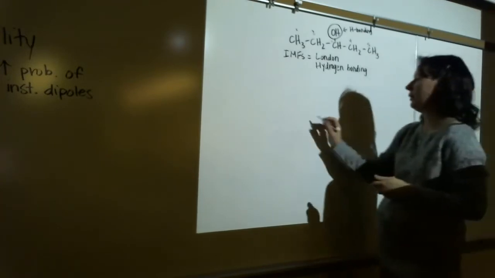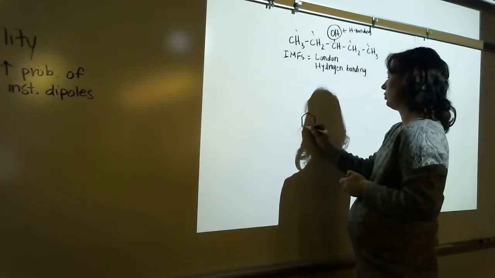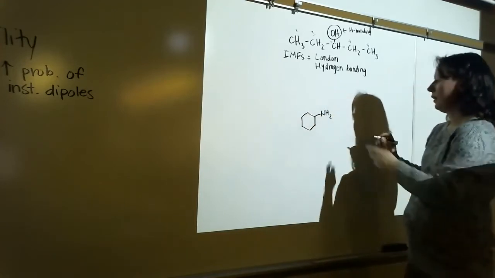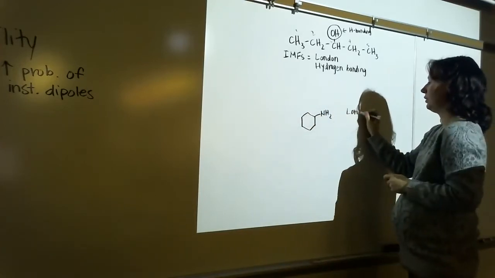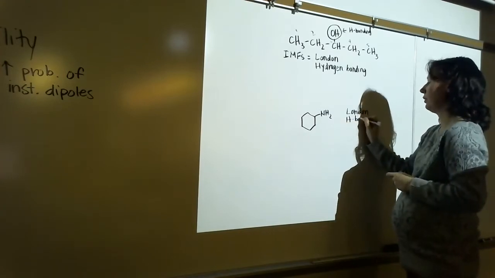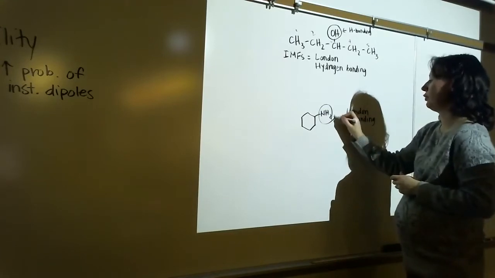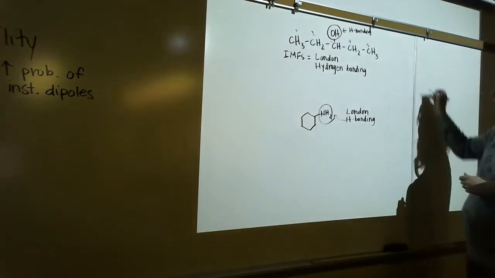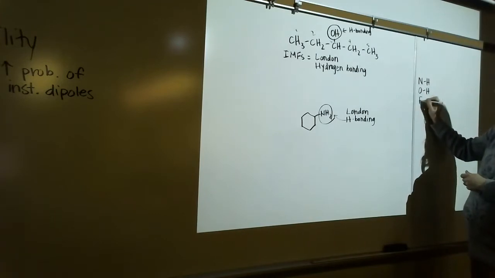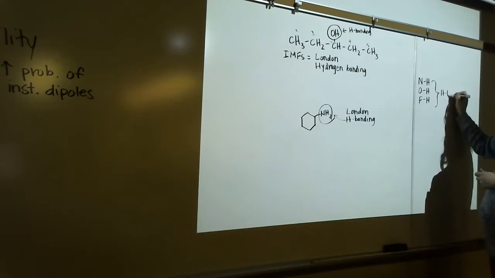If you had, okay, this would have London, but it would also have hydrogen bonding as well. Right? This part's going to give you the hydrogen bonding. So anytime you have NH, OH, or FH bonds, that's going to give you hydrogen bonding.